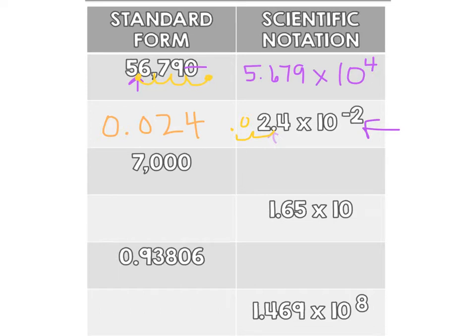All right, let's look at our next one. 7,000, we're going to convert this to scientific notation. We put our decimal after the first non-zero digit. So that's just going to be 7. And then we write times 10. And we count from the invisible decimal to where we move the decimal. 1, 2, 3 powers of 10.